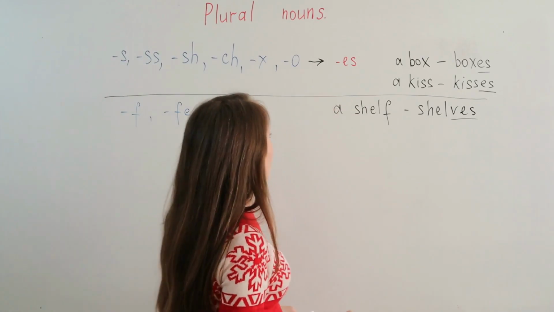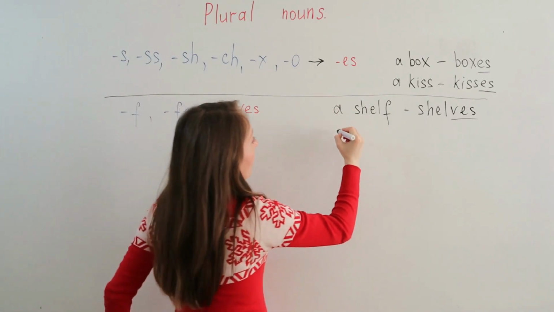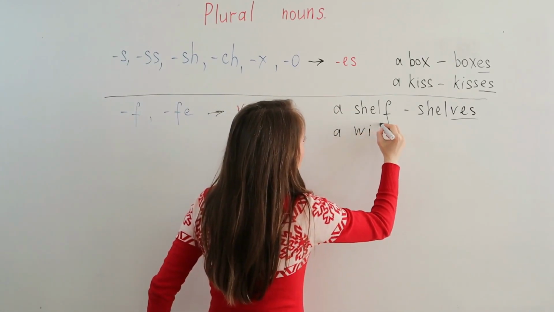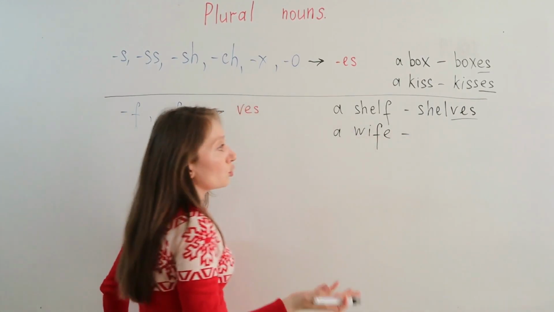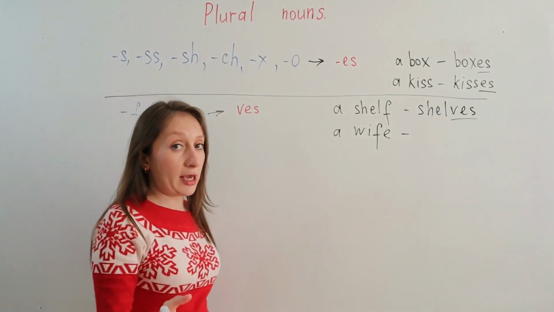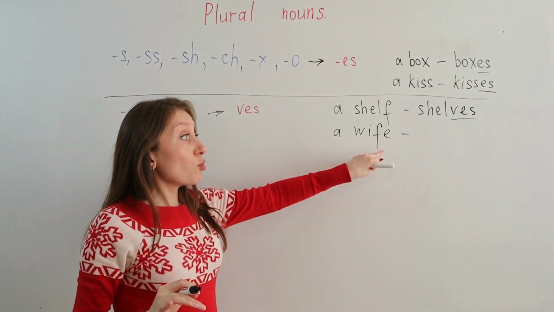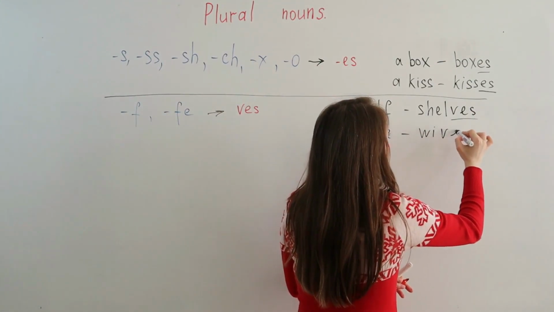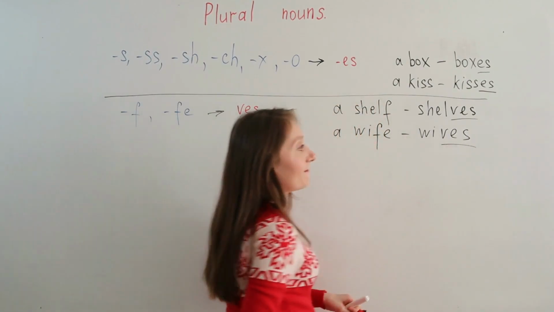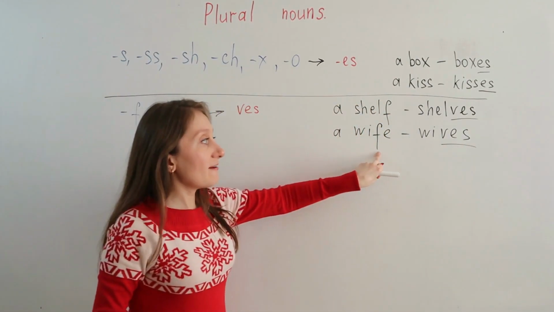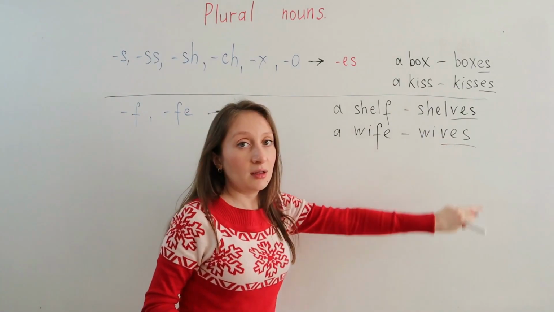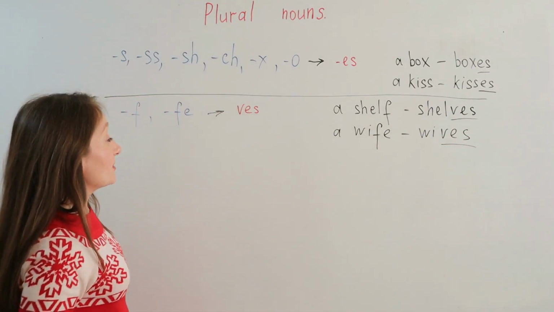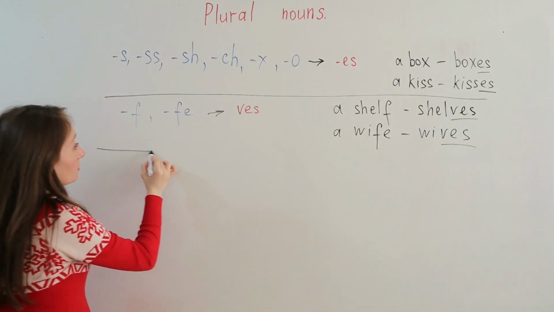Shelves. The next, a wife. You can translate these words into your language if you don't know. A wife. And the plural form will be wives. Ves. We change the letter f into v, right? Wives.